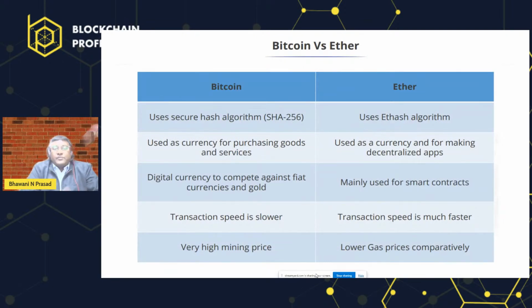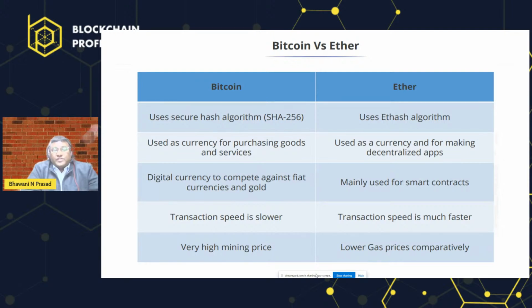You may wonder what the difference is between Bitcoin and Ether. Ethereum smart contracts use Ether, and in the market from the beginning there has been Bitcoin. The main difference I have highlighted is the secure hash algorithm. Bitcoin uses SHA-256, but Ether uses the Ethash algorithm.